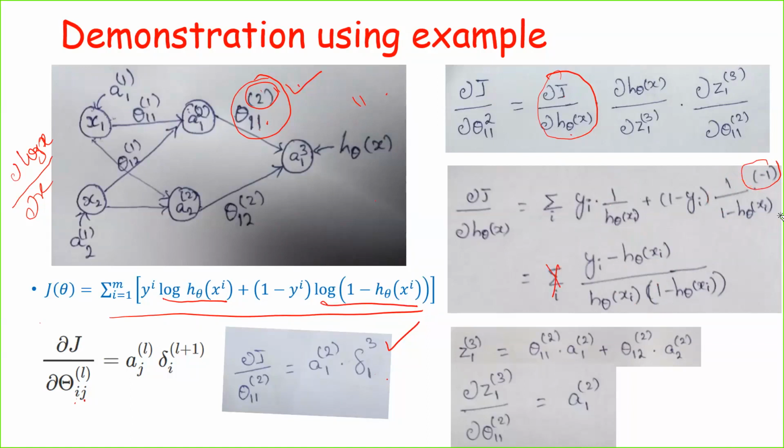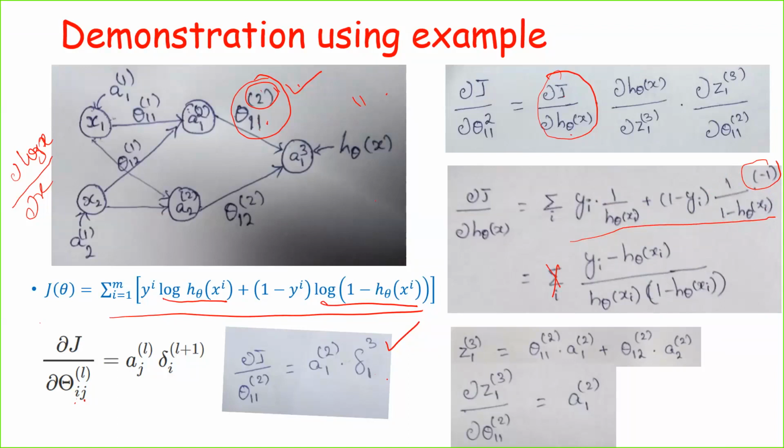When you take the LCM, the numerator is yi minus h theta of xi. So this is what you get.